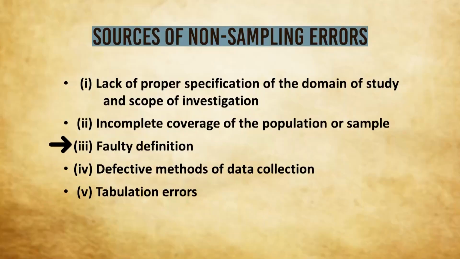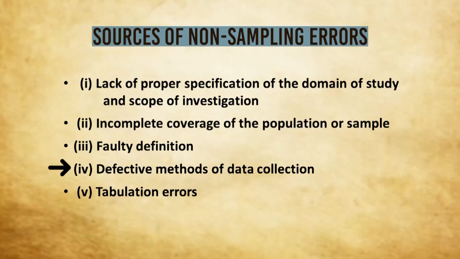I may not cover the whole population unless I know the full list of the population members. I cannot draw a random sample faithfully, so there is also a possibility of error. Faulty definition, such as the definition of poverty line. We have to be updated about the definition of poverty line. It gets changed from time to time depending on the policy of the government. So these definitions are to be crystal clear.